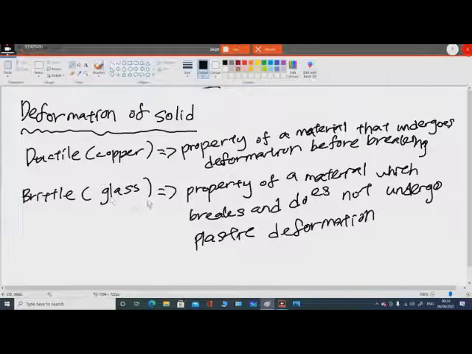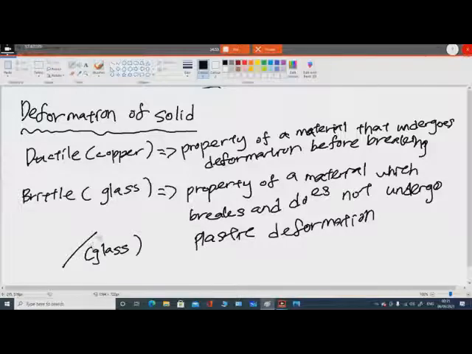As for the glass, as we observed from the two graphs we mentioned just now, this is the graph for the glass. The graph for the glass is a straight line which only has the proportional limit.